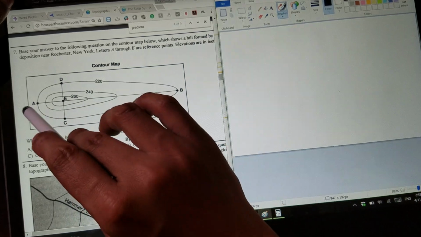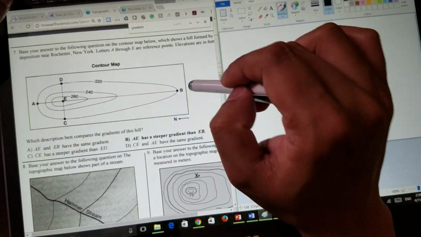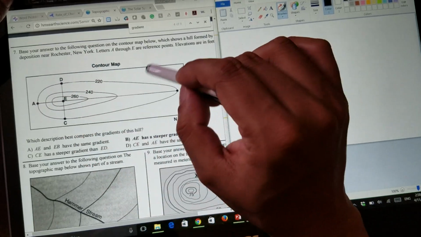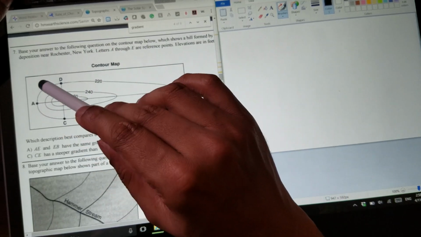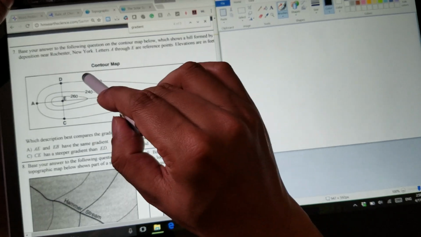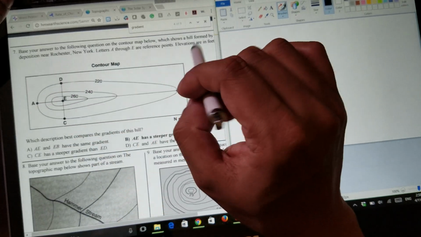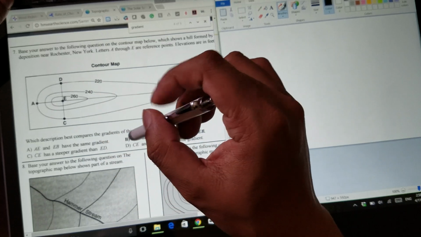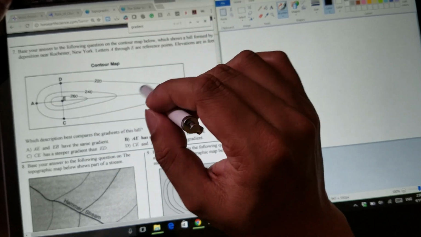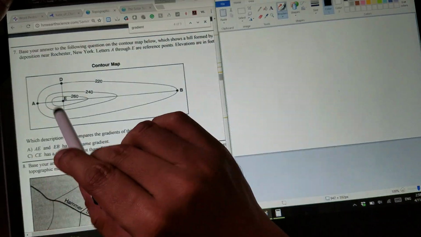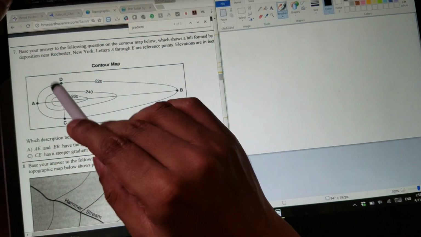Remember, the elevations of A, B, C, D are the same. You can see this is 220, so A, C, D, B all have the same elevation, 220. It's the distance that is slightly different. So option C is saying CE has a steeper gradient than ED.